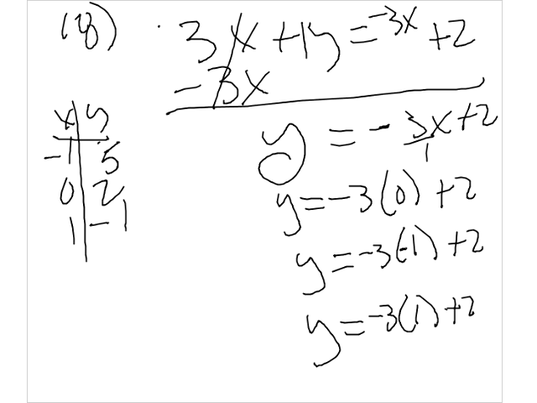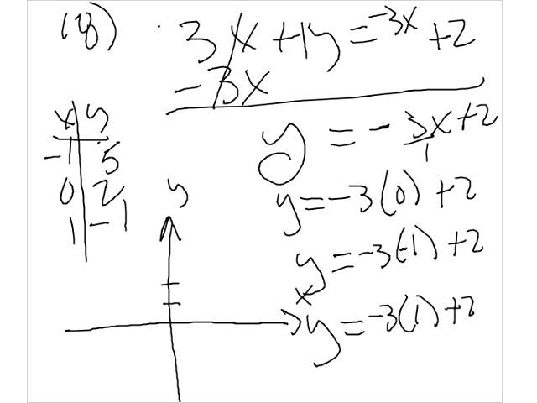Okay, so we've got -1 and 5, and we've got 0, 2, and 1 and -1. So we'll just take a second and draw a fair representation of what that looks like. -1 for x and 5 for y.